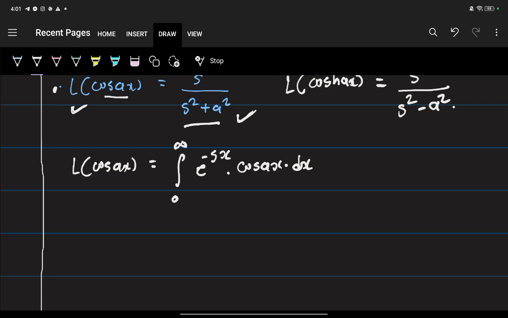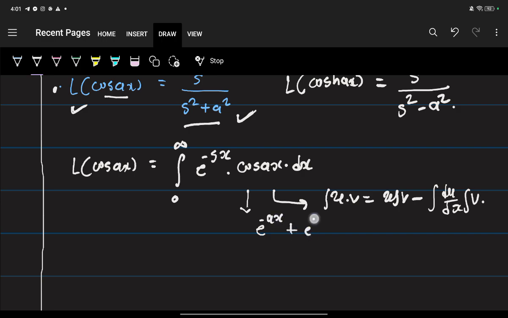You can do this integration with two methods. First one is the u dot v method, that is u integration v minus integration of du by dx times integration of v, or you can take this cos ax as e raised to minus ax plus e raised to plus ax divided by 2. Basically converting this cos function into an exponential function, you can get your answer.